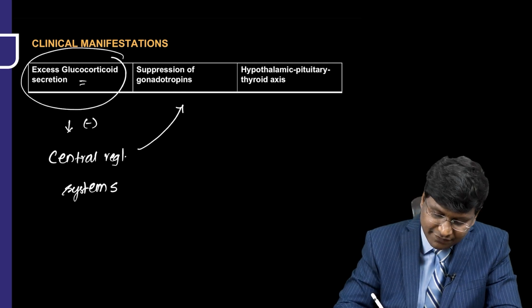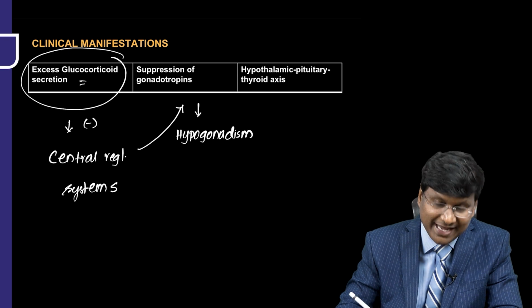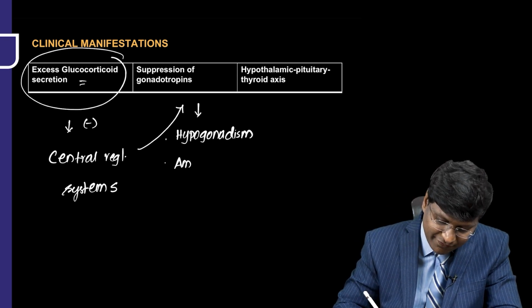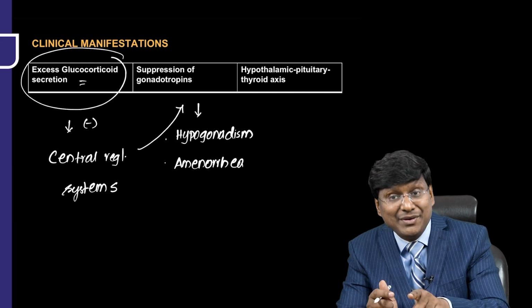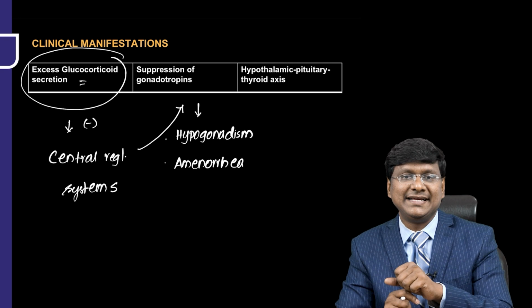Because of the suppression of the gonadotrophins, that will result in hypogonadism and the development of amenorrhea. That is because of the suppression of the gonadotrophins from the anterior pituitary.